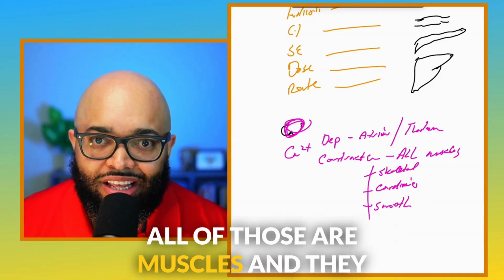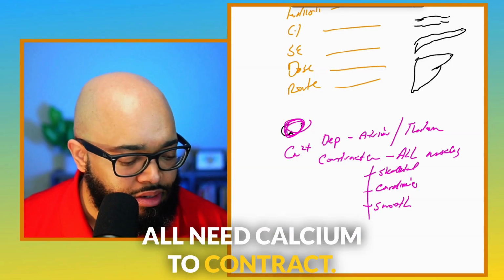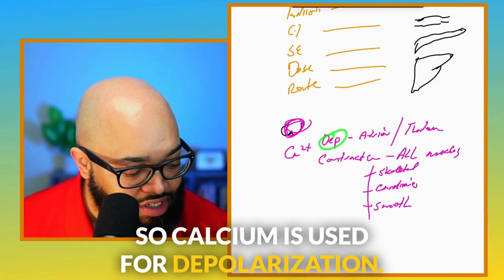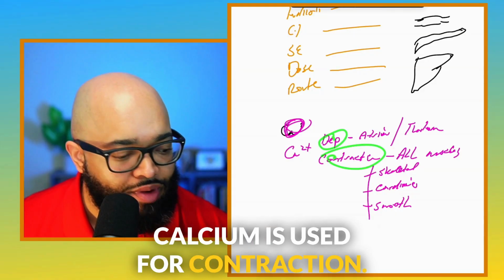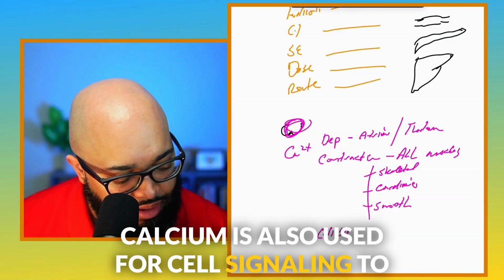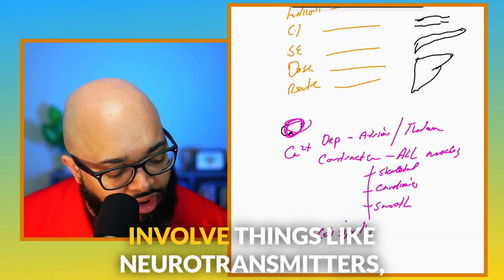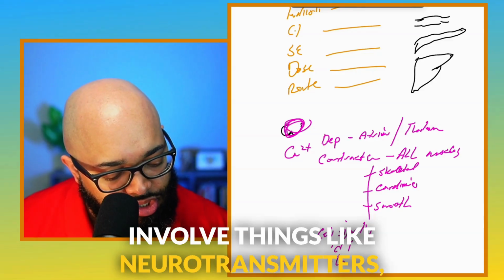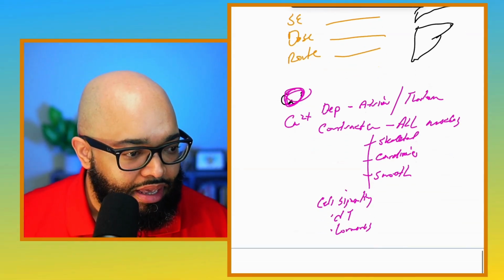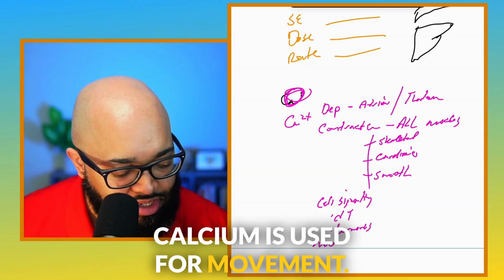All of those are muscles and they all need calcium to contract. So calcium is used for depolarization, and for contraction. Calcium is also used for cell signaling, to involve things like neurotransmitters and hormones. Calcium is used for movement.